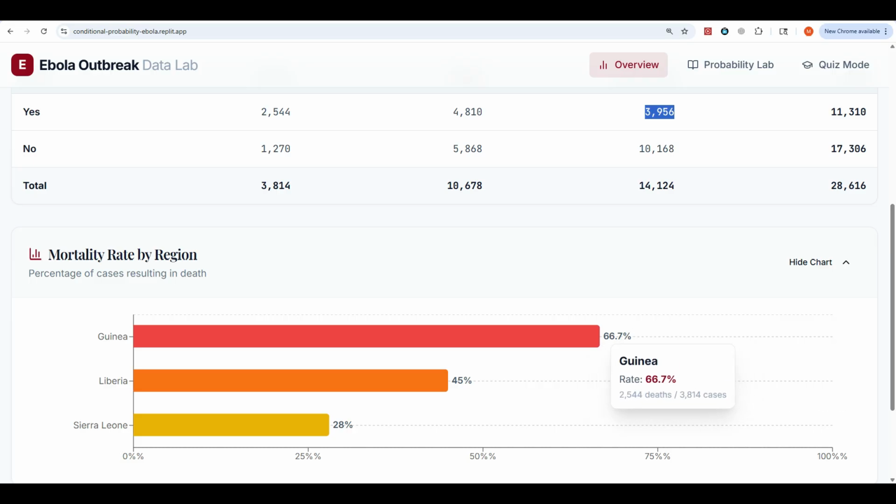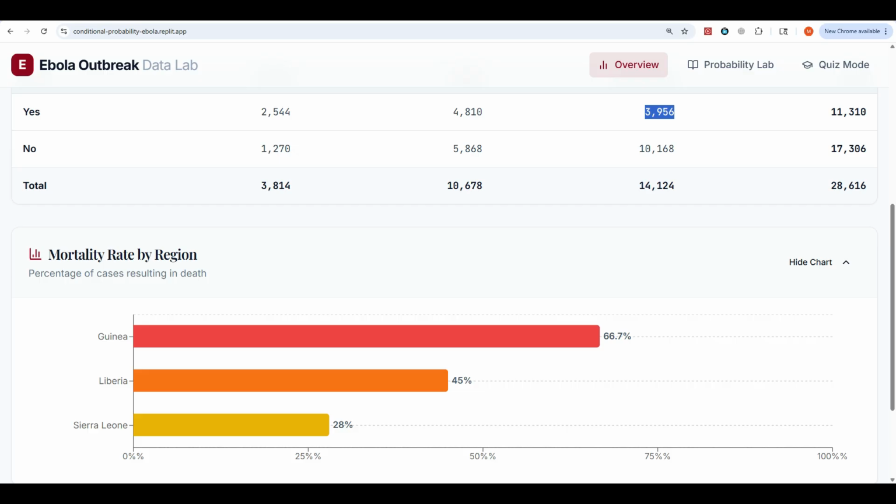So, for instance, the probability that an Ebola case dies in Guinea is 66.7%, whereas it's 45% in Liberia and 28% in Sierra Leone. So I tell the students to imagine for a moment, pretend like we have a time machine and they are going to become an Ebola case and we're going to go back to 2014 in West Africa.